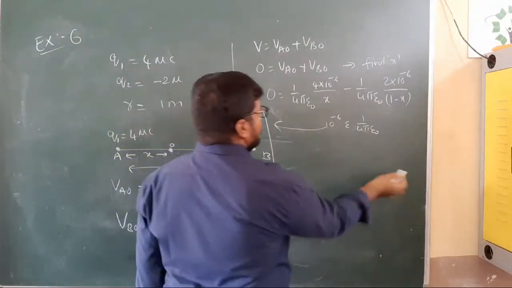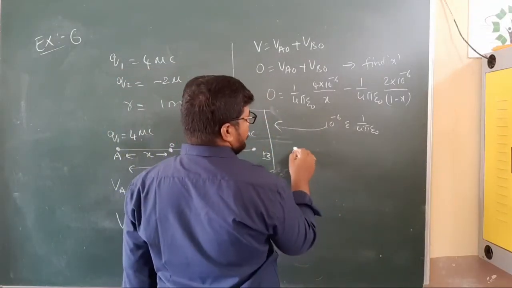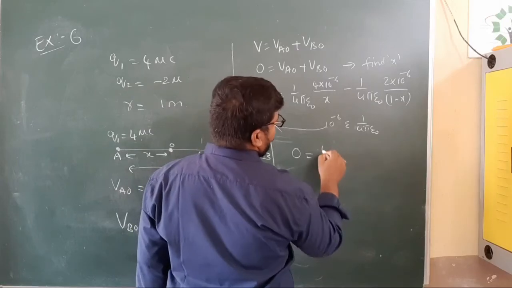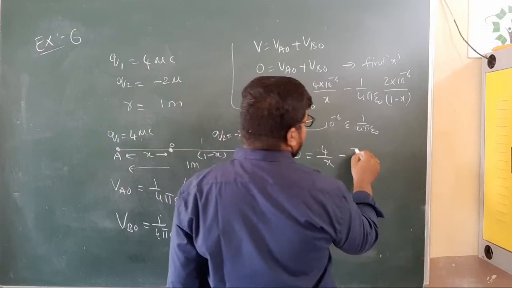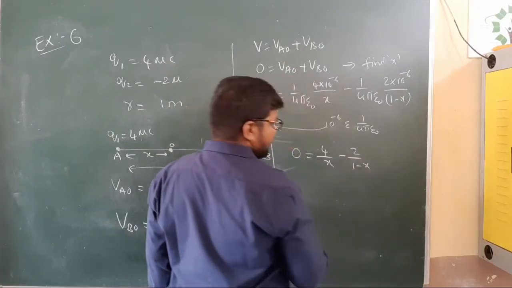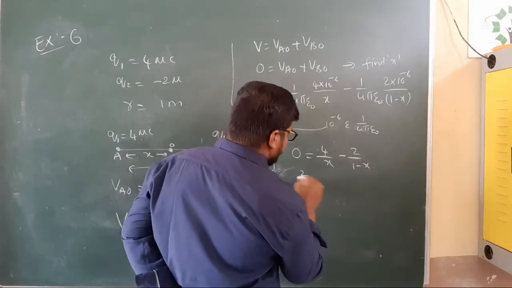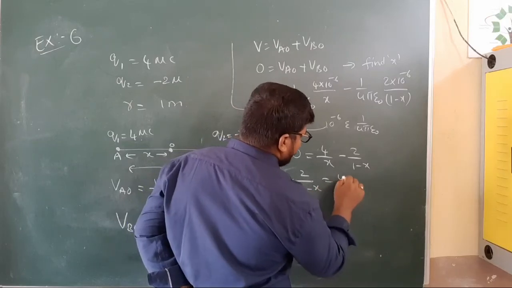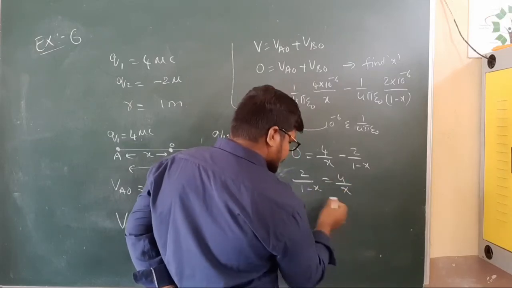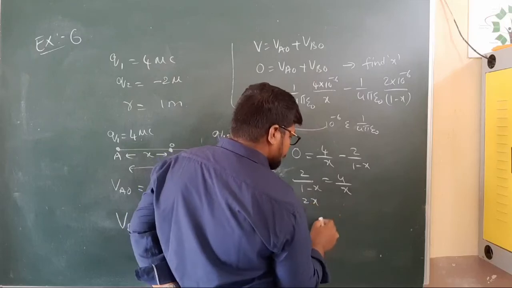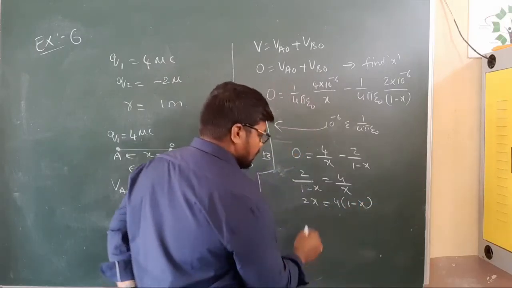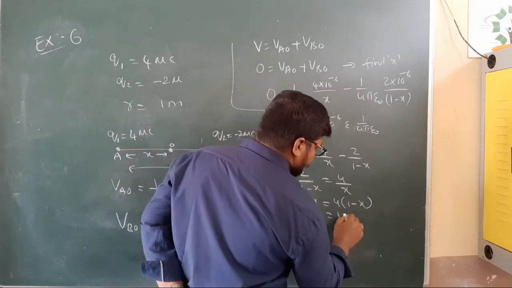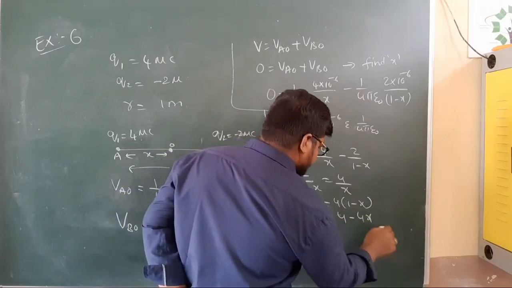So we get 0 is equal to 4 by x minus 2 by 1 minus x. Rearrange this: 2 by 1 minus x is equal to 4 by x. So 2x is equal to 4 into 1 minus x. 2x is equal to 4 minus 4x.